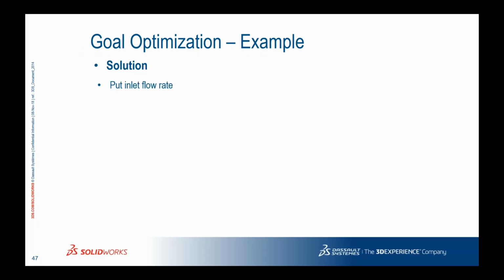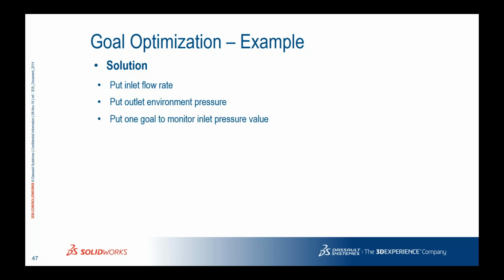So the solution is to put a flow rate as an inlet. Of course, we have a fixed flow rate. We have as an outlet an environment pressure. The environment pressure tells the software to run with a fixed static pressure, but to calculate the dynamic pressure. This is very convenient for our goal.